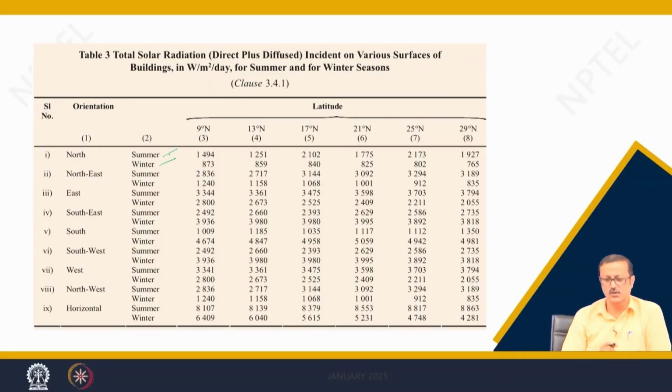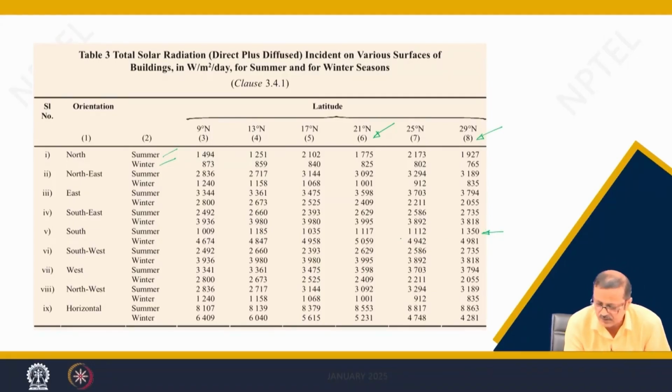Delhi will be in and around 29 degrees, and Calcutta in and around 21 degrees north. So, you have to take the closest latitude to your city's location and use the data for that.